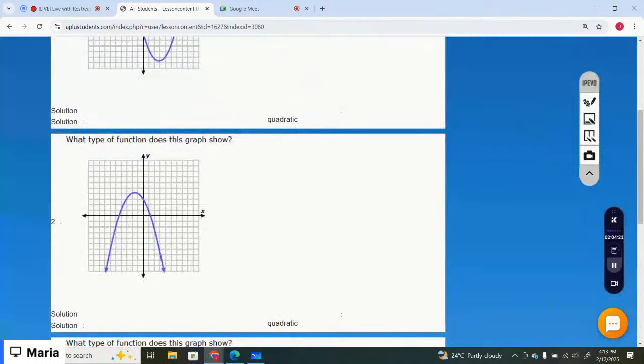What type of function does the graph show? The correct option is quadratic. Let's just start with the test questions.